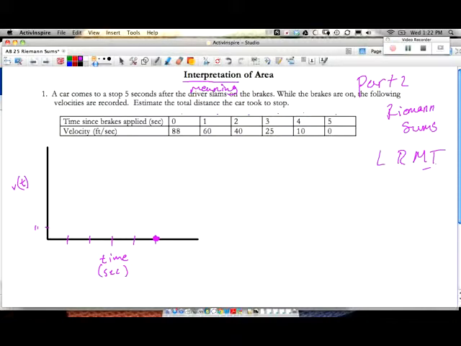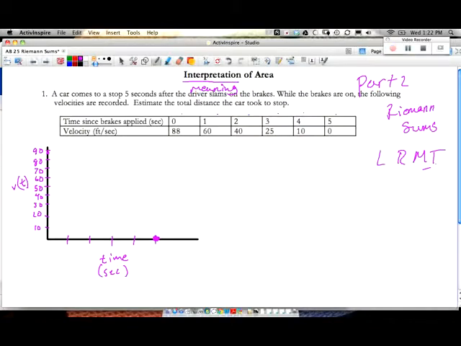So we've got 10, 20, 30, 40, 50, 60, 70, 80, 90. Okay, it's not exactly even, but close enough. And we'll see what's happening with these calculations and how they help us find distance.